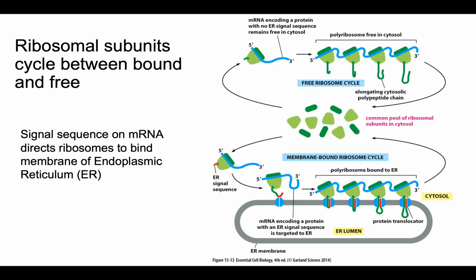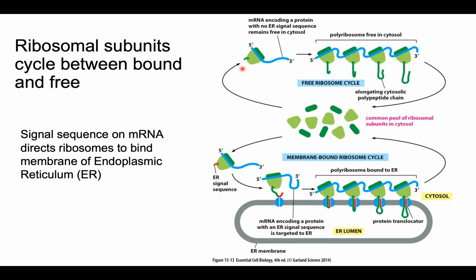Okay, so starting at the top of the page here, ribosomal subunits cycle between bound and free. So it's not like when a ribosome gets made, it's directed one of two places: you go to the cytosol, you go to the ER, and that's where you stay. Ribosomes get made, and they kind of are just floating around.